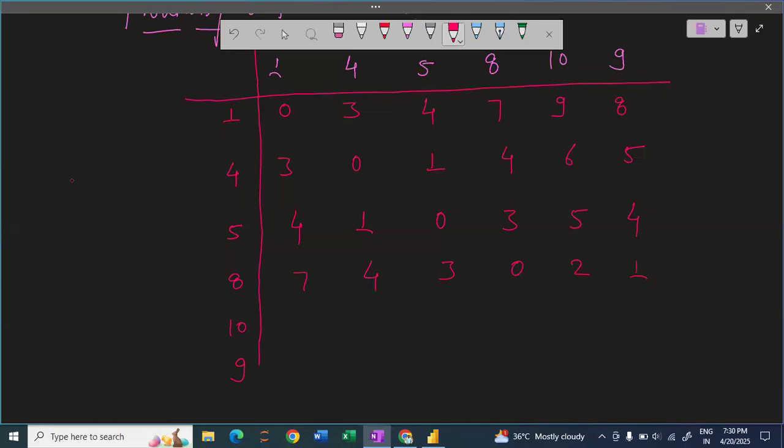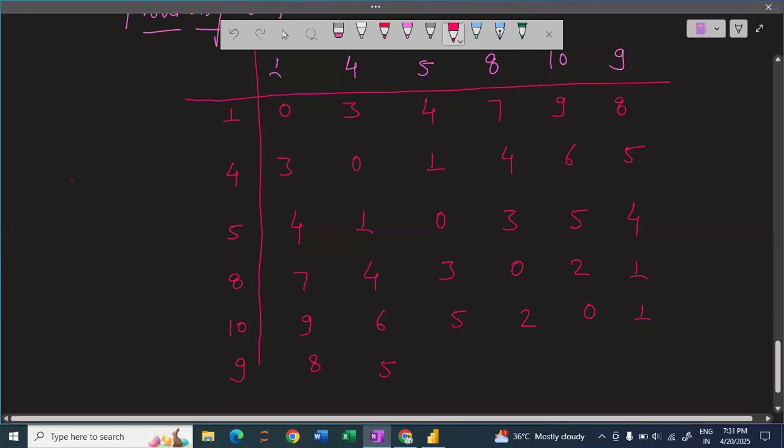Again 9, 10 minus 4 is 6, 5, and 2, 0. Then again 1, 8, 5, 4, 1.